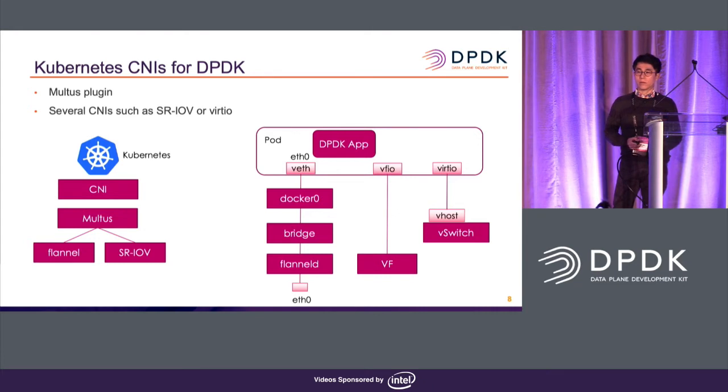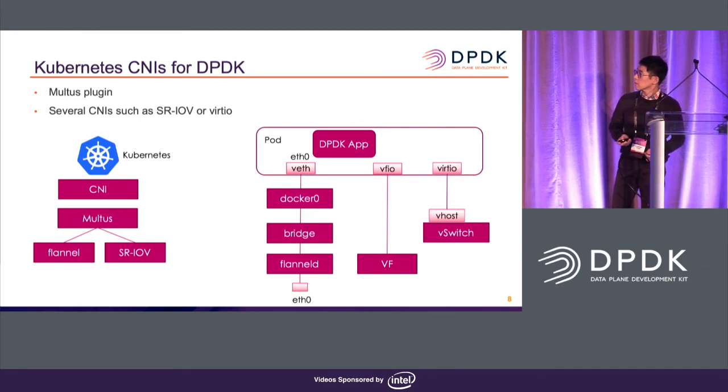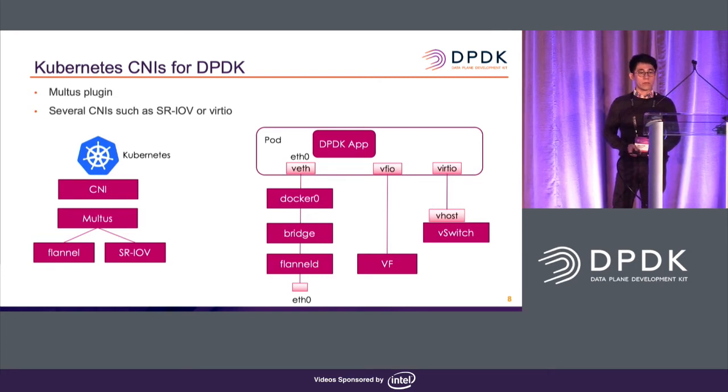However, we still cannot implement a DPDK multi-process application like SPP, because Kubernetes CNI supports several kinds of network interfaces, but other types of network interfaces, for example ring interfaces, cannot be supported yet.